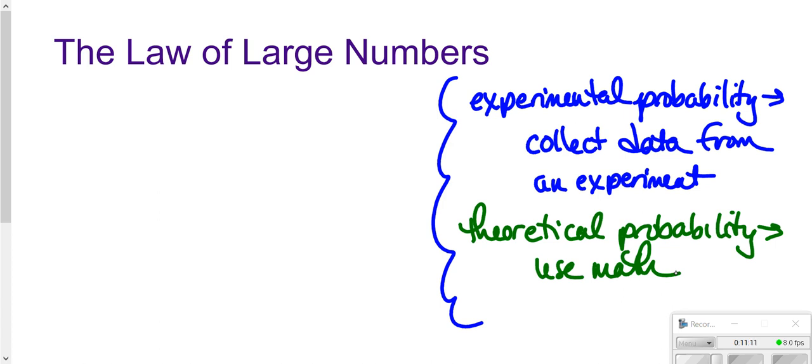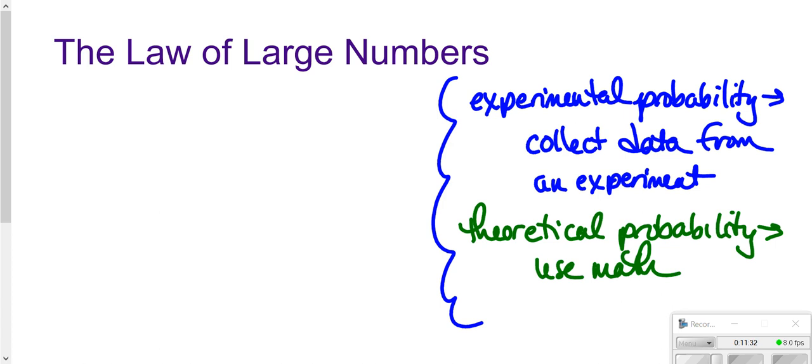And then based on that, we say this is what we think the incidence of rolling a 7 would be. So that's the distinction. It's either collecting your own data or using the theory, it's right there in the name, the theory of how many different outcomes should be a given thing.